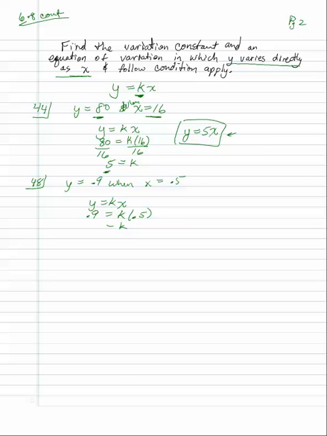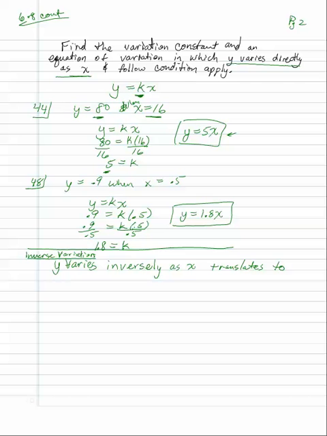Solve it for k. So we're going to divide by 0.5. So k equals 9/5. Or if you want to use decimals, 0.9 divided by 0.5 is 1.8. So now that you know what k is, you can write the equation of variation. It's y equals 1.8x.